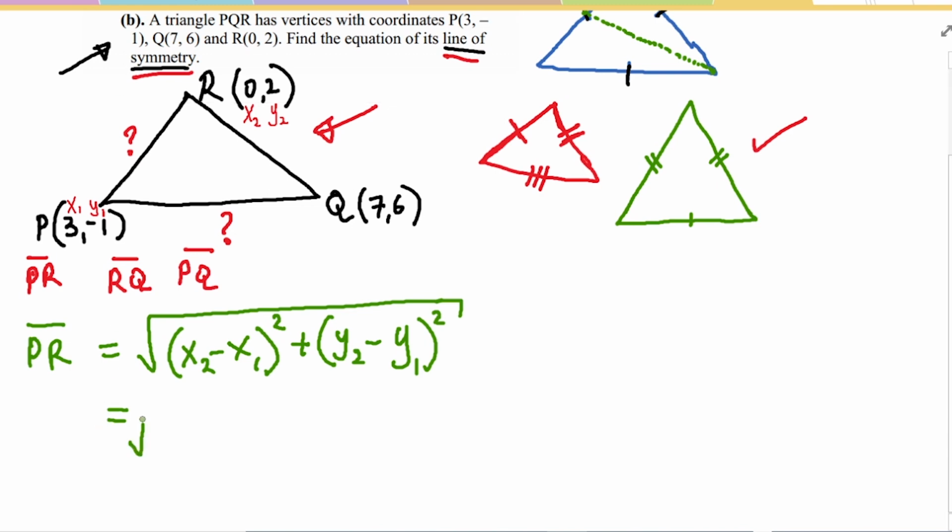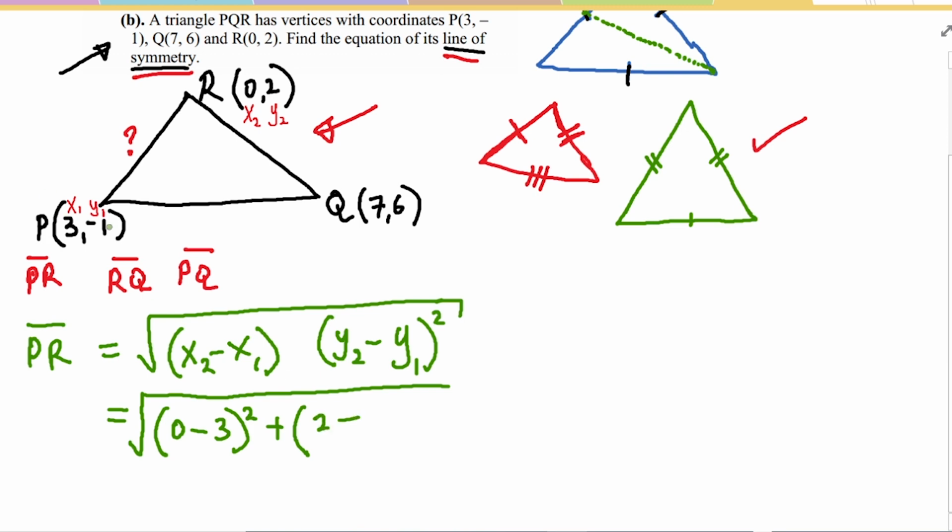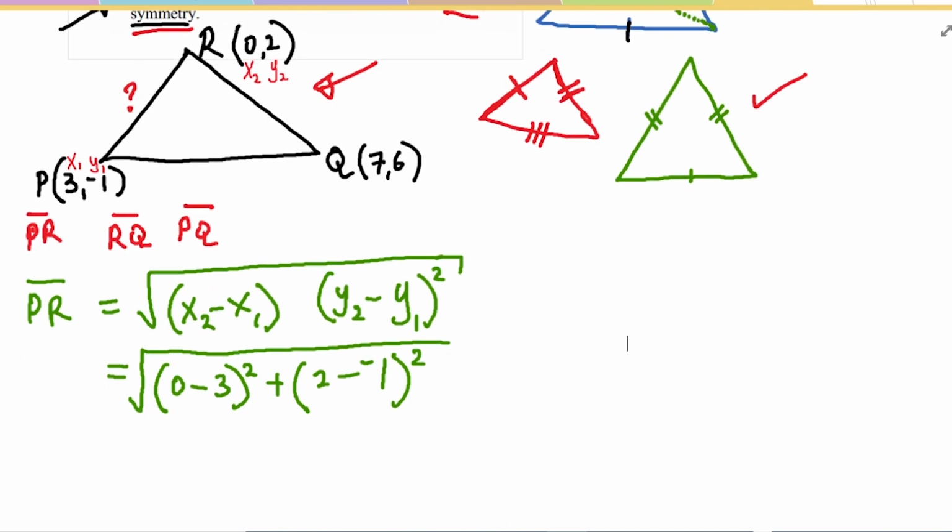So from there we can proceed with the working and substitution. This is going to be the square root of x2, which is 0, minus x1, which is 3, squared, plus y2, which is 2, minus y1, which is -1, also squared. So from there we will get our answer.